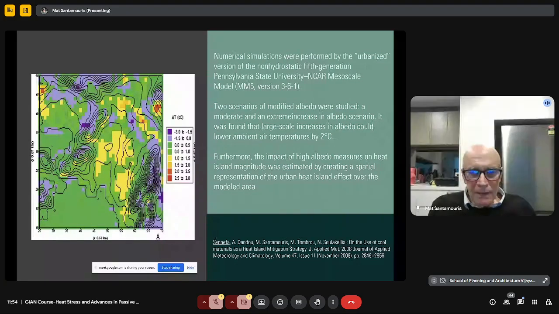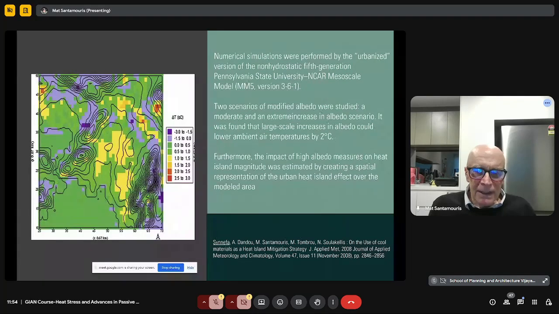What we have seen from simulations, because for the time being we don't have such a large-scale cool roof implementation all around the world, is that on average, the use of cool roofs, and these are simulations from Athens, Greece, may decrease the summer temperature of the city by up to 2 degrees. So this is very important.